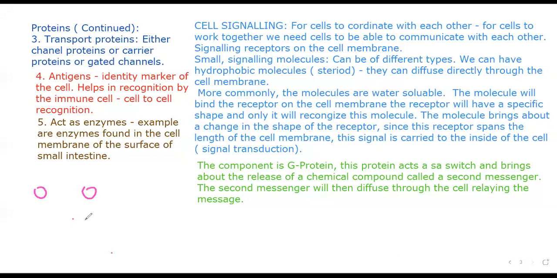Now, among my phospholipids, let's say that I have two proteins. One protein that I have is the protein receptor. Now this is going to have some glycolipid component to it, maybe.